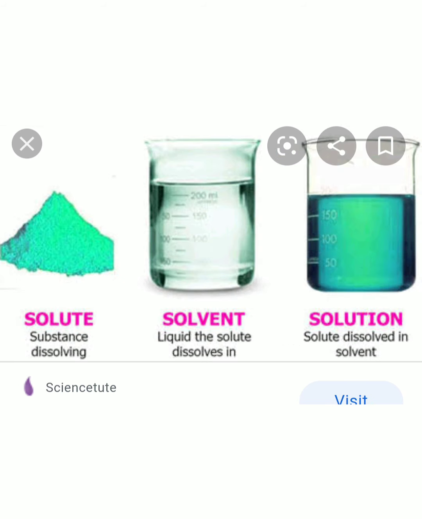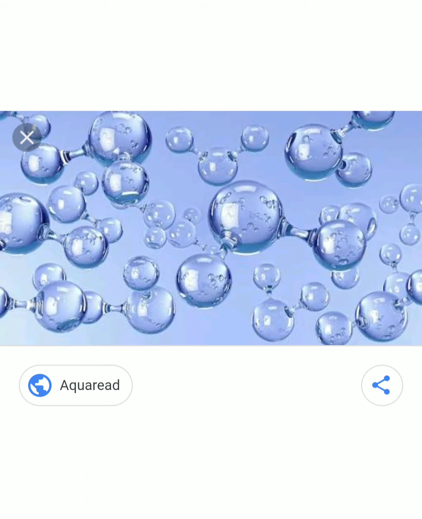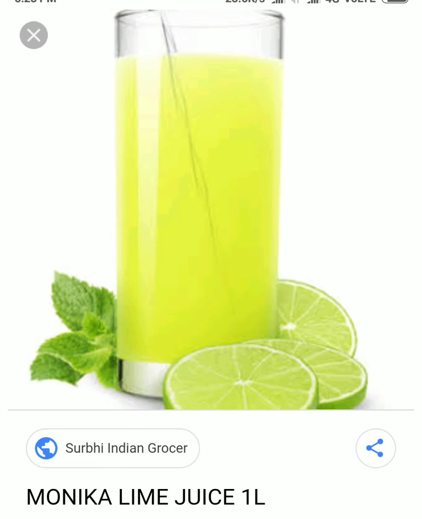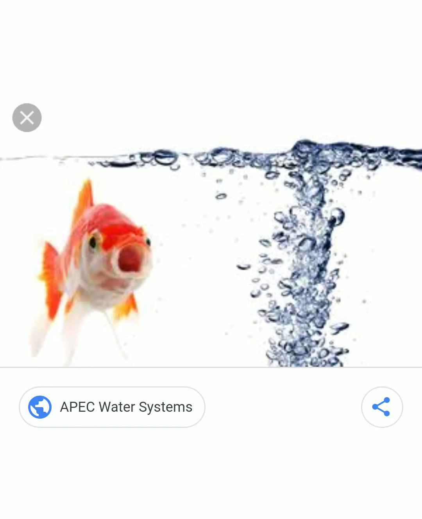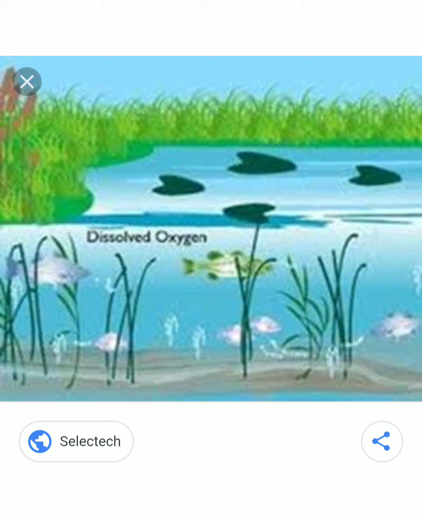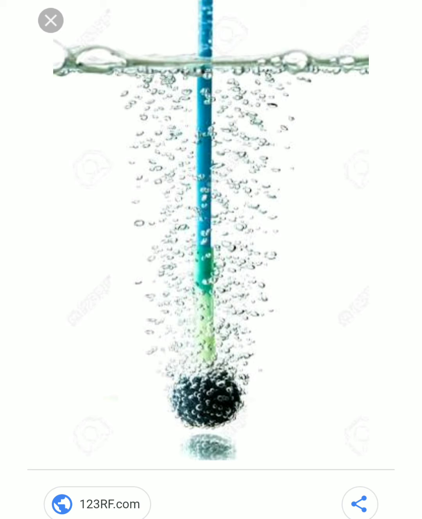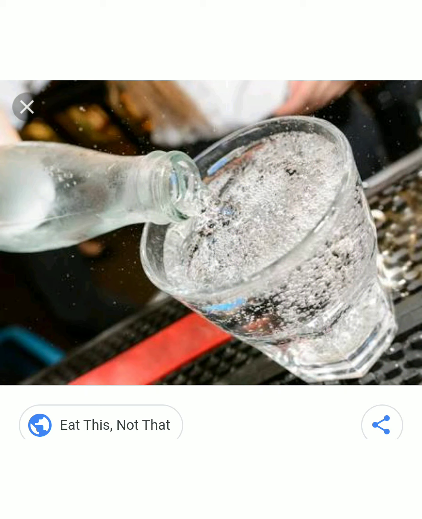A solute is not only a solid particle; liquids and even gases can also be solutes. In a lime juice solution, the juice of lime, which is in liquid state, dissolves in water to form lime juice solution. All the aquatic organisms including fishes breathe the oxygen dissolved in water. So water in the water bodies is also a solution in which oxygen is dissolved.